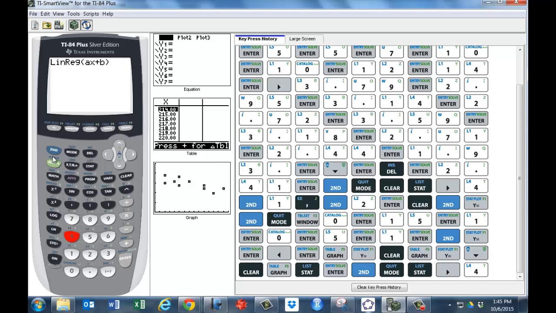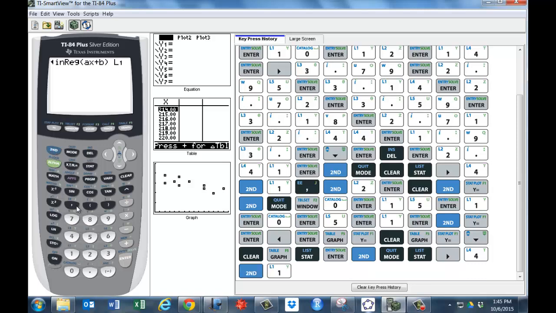So here we just hit L1, comma L2, and then enter. And here we get the value of A. The slope is this number, and then the y-intercept is here.